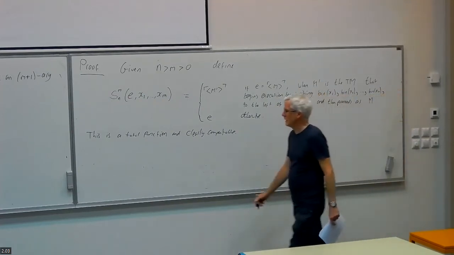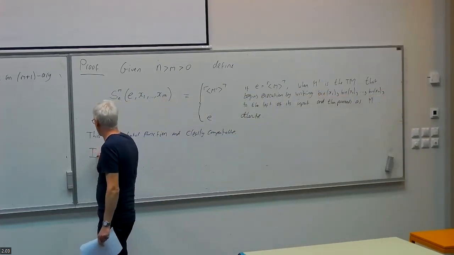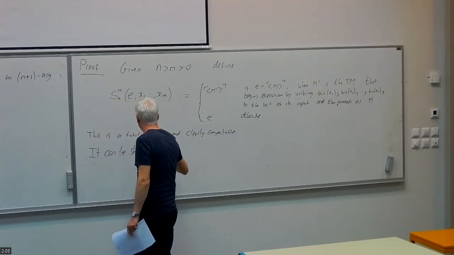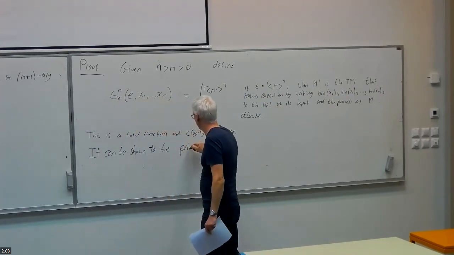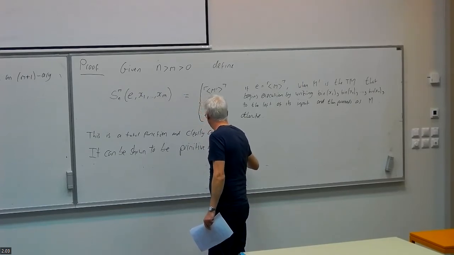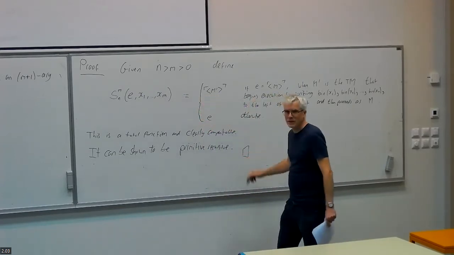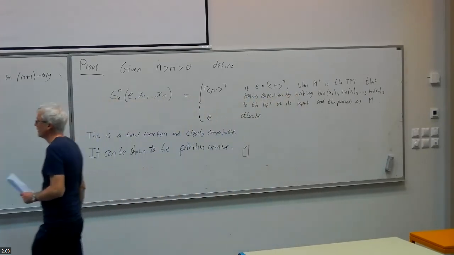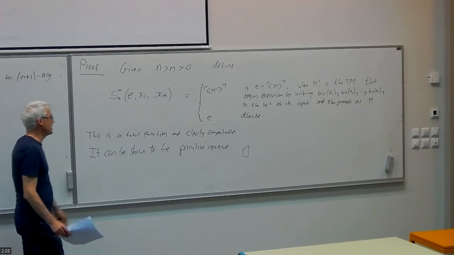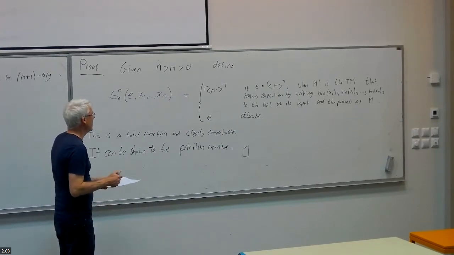So I'm just going to say it can be shown to be primitive recursive. It's the sort of thing I don't ever really want to do myself. We're not really going to even need that this function is primitive recursive for this class, but it's a known fact that it is, and it's important maybe to state that known fact.